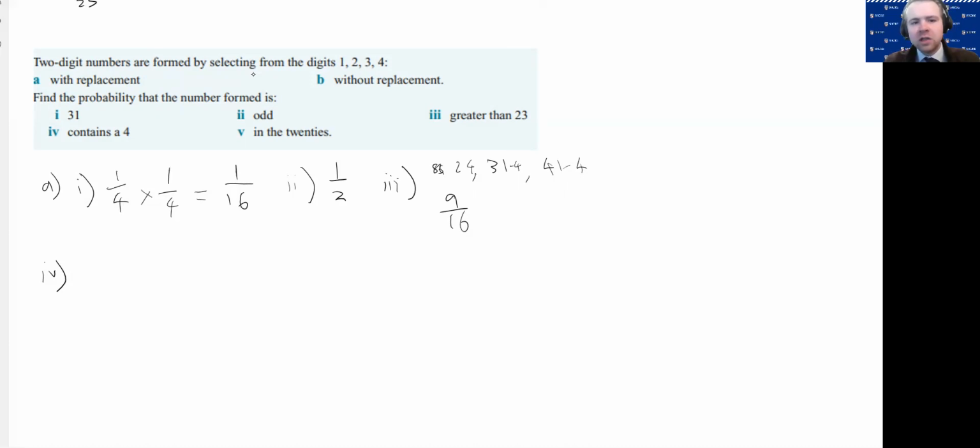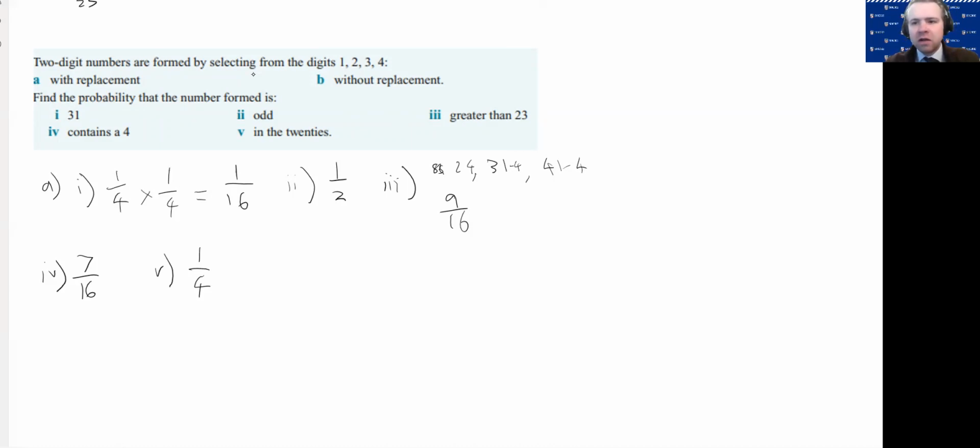Okay, so 14, 24, 34, and then 41, 42, 43, and 44. So 7 in total out of 16 will give us part 4, and then part 5 in the 20s. Basically, if the second number is 2, which we have a 1 in 4 chance, we will get that one. So a bit of a tricky question so far.